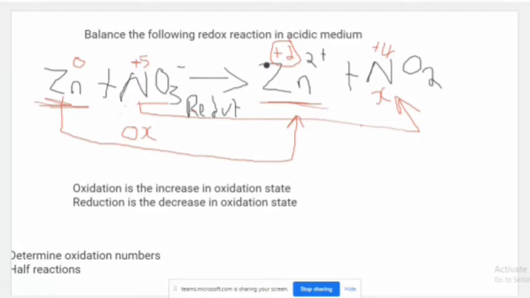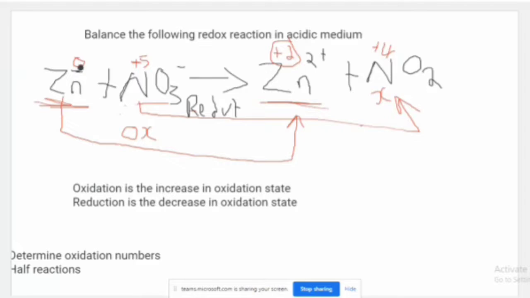Correct. So what I'm trying to do here, I'm trying to come up with two half equations. So for you to come up with the two half equations, you have to look at the oxidation state. For the oxidation half equation, you have to look for a situation like this one, where we have oxidation number of 0, then on the product side, the oxidation number is +2.